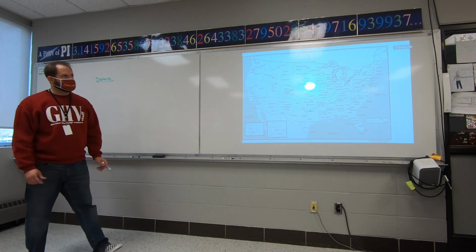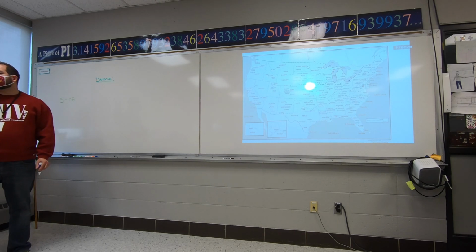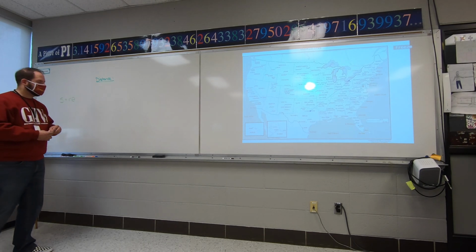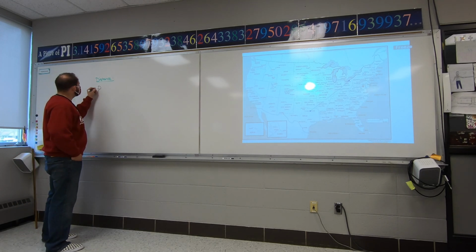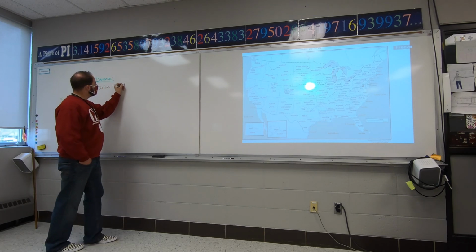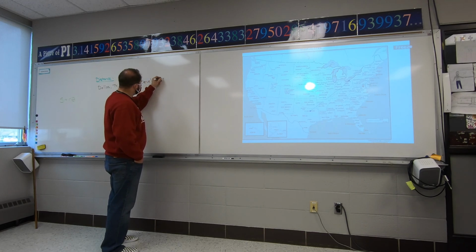That looks like a pretty good distance, and we're diagonal from each other. This is a very, very different problem. So Dallas, Texas, to Cleveland, Ohio.